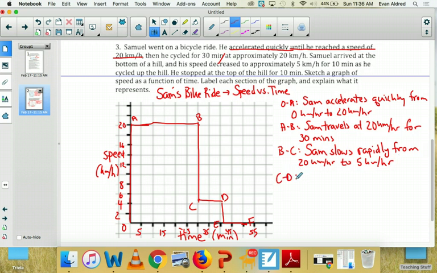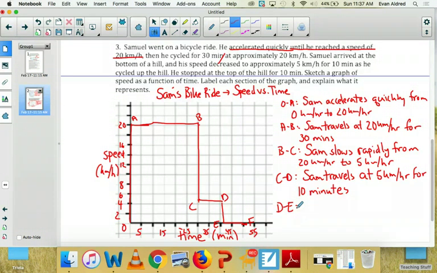Now from C to D. He's going at 5 kilometers an hour for 10 minutes. Sam travels again. We're putting in all the detail that we know. We're almost done. So then D to E, that's a segment that most people would forget in this. It still has to be a segment if he's slowing down and he's going from 5 to 0.